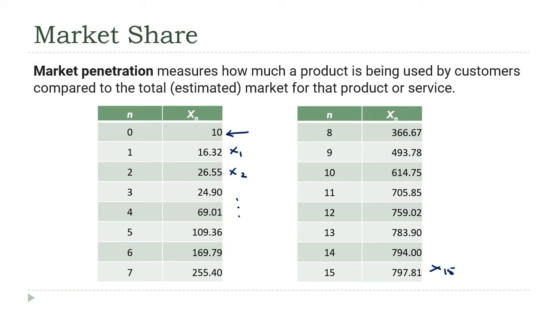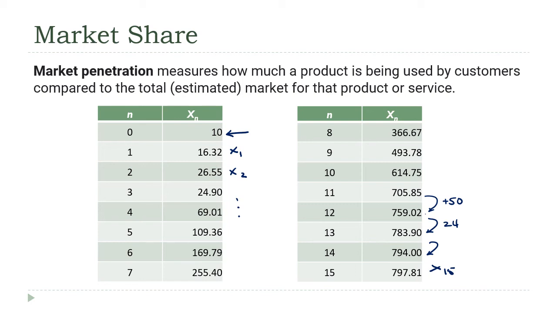705 increased by about 50 there. Then it increased by quite a bit less, right? It increased by just 24. Then here it increased, this is approximate, I'm just doing it in my head, right? Just rounding.